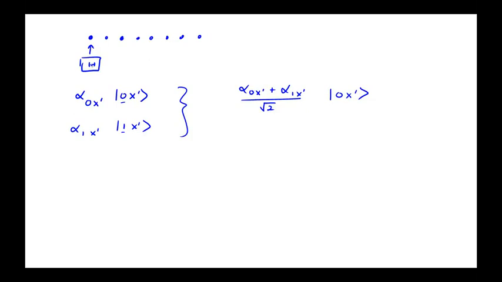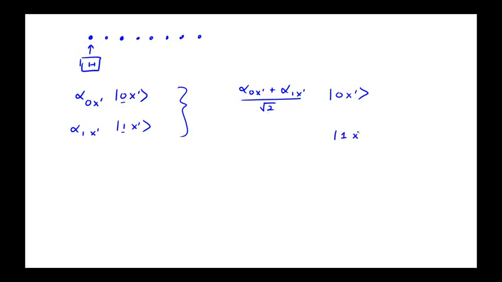Because under the Hadamard, 0 goes to 0 with amplitude 1 over square root 2, and 1 goes to 0 with amplitude 1 over square root 2. And so these amplitudes add up in this way.